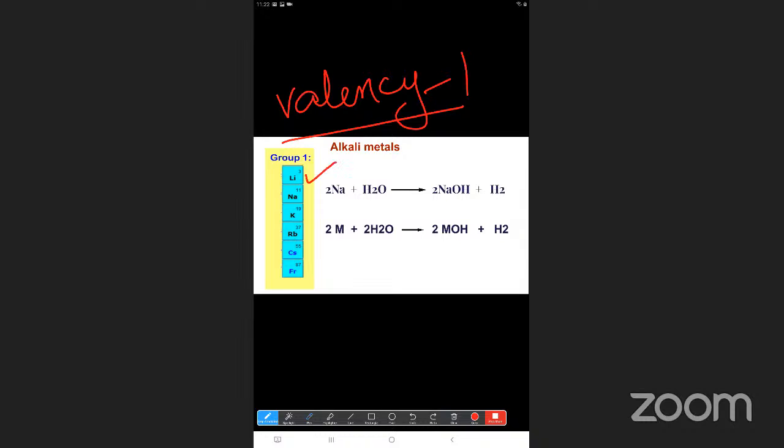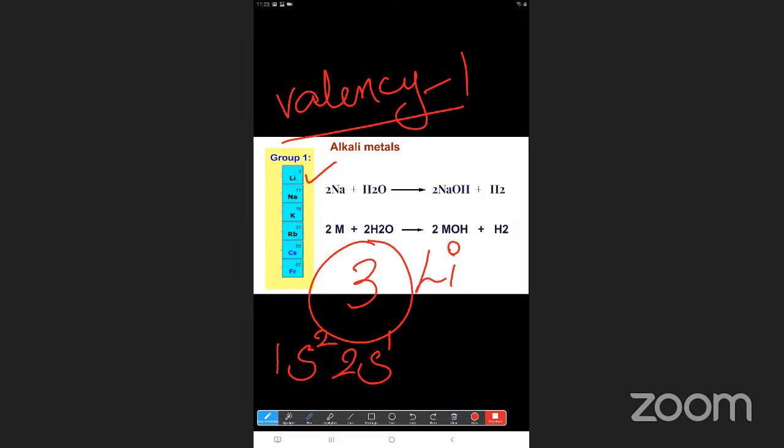The atomic number of lithium is 3. When we write the electronic configuration of lithium, that is 1s2, 2s1. So here 2s1 is the last shell of lithium.